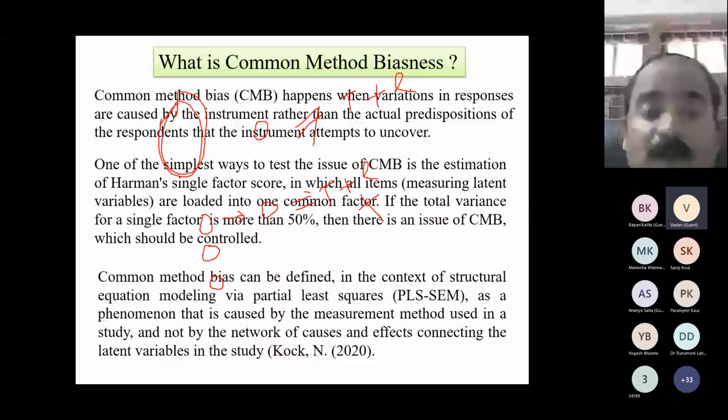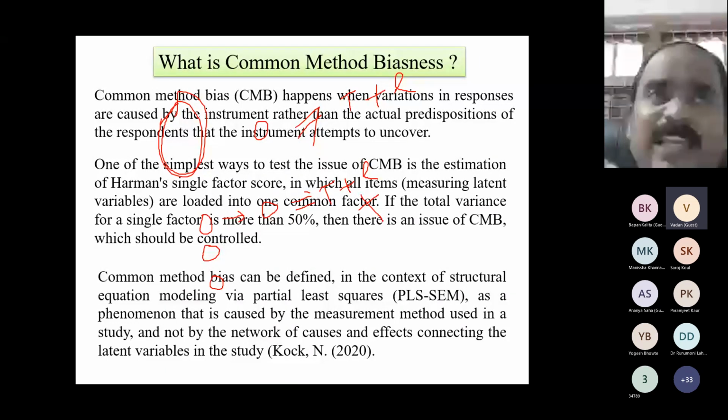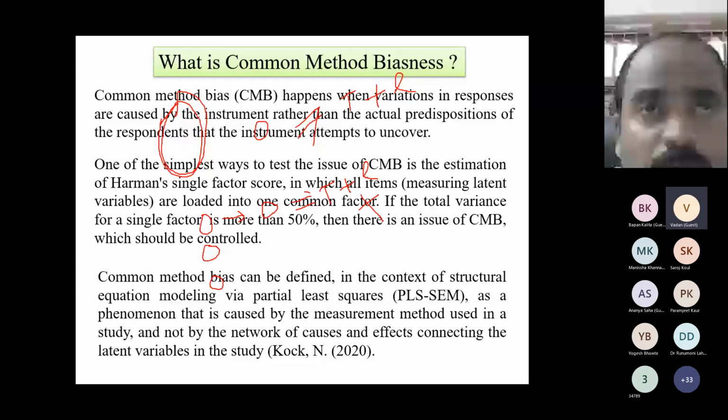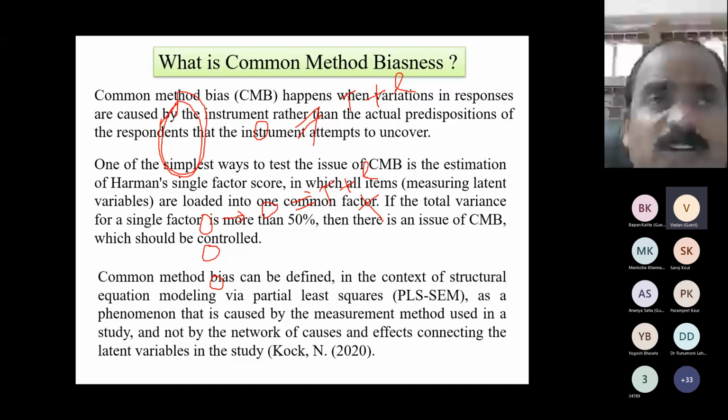But in the case of Herman's one factor theory, Herman is saying there is an option in SPSS that you specify that one factor will be produced. In my case, I will take all the 22 variables to the SPSS factor analysis and specify only one factor to be produced, instead of giving SPSS the freedom to produce as many as it wishes by correlating.